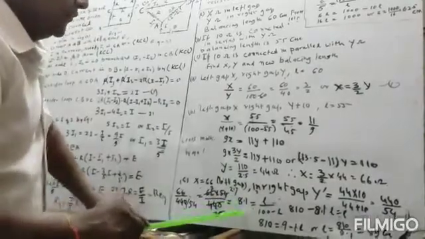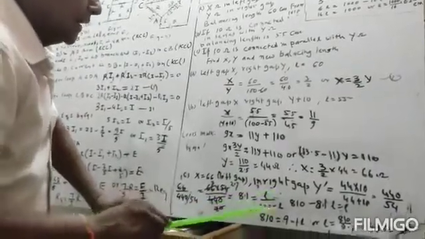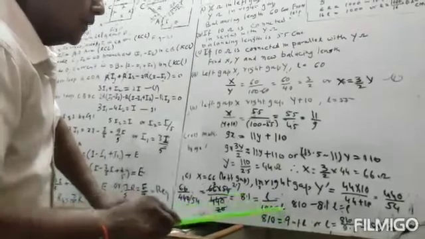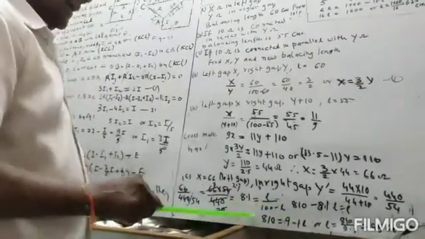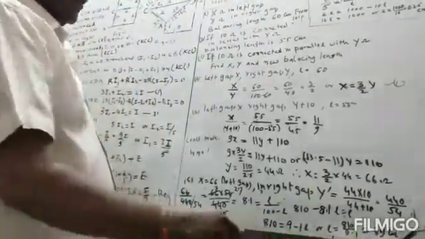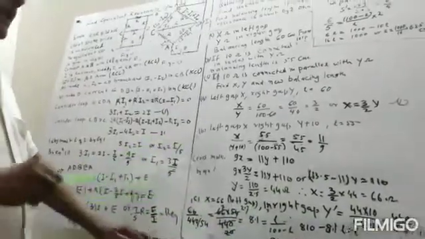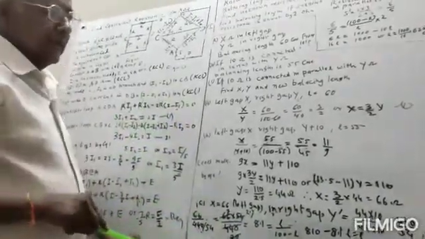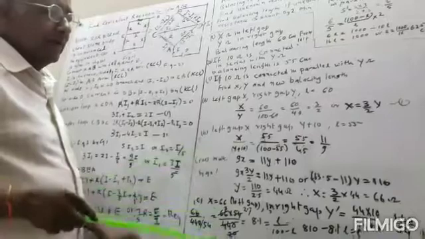So 8.1 will be equal to L divided by 100 minus L. So we cross multiply and solve it, and we will get the value of L equal to 89 centimeter approximately.